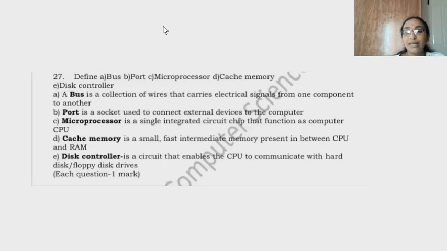A bus is nothing but a collection of wires which carry signals from one component to another. Buses are wires that carry the data, address, and control signals to other components.